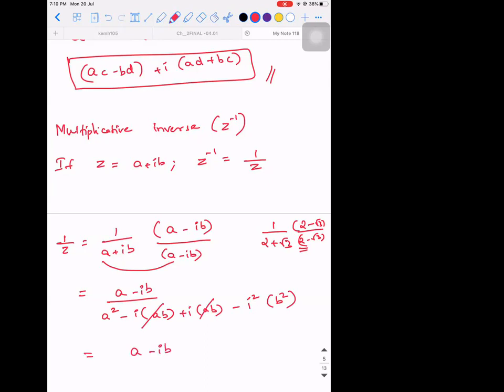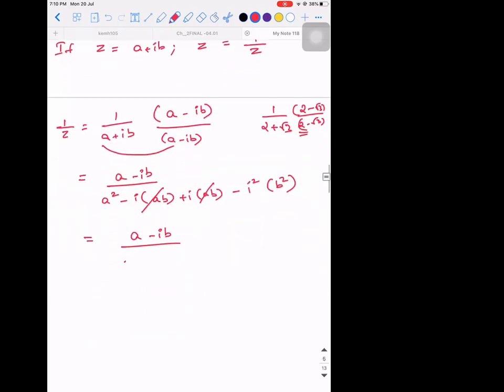You will have A minus iB divided by A square minus i square, which is minus of minus 1, so it is plus 1. So A square plus B square. So 1 by Z is equal to A divided by A square plus B square minus i into B divided by A square plus B square. So this is the multiplicative inverse.